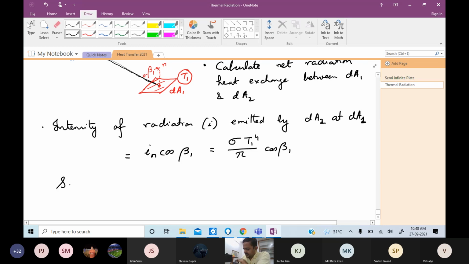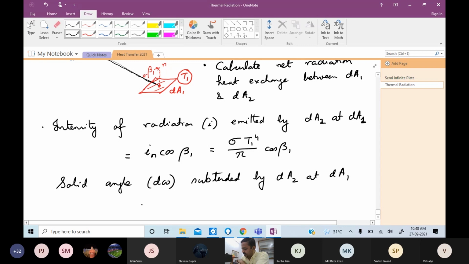And then let us take the solid angle d omega subtended by dA2 at dA1. That is going to be equal to dA2 cos beta 2 divided by L square.